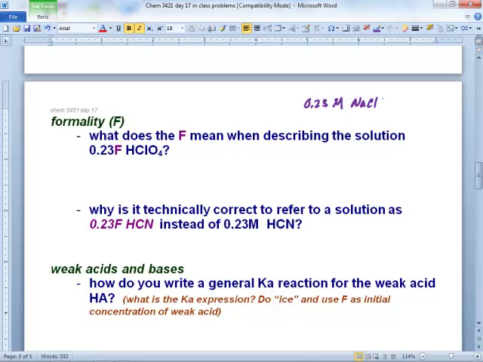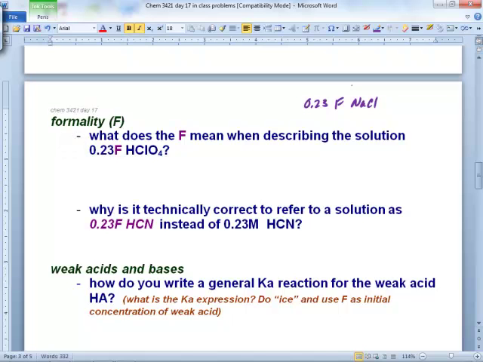That's what it means when you write big M. Well, NaCl doesn't even exist in solution. See what I'm saying? Na plus does and Cl minus does, but NaCl doesn't. So technically, you shouldn't write big M. You should write big F. That's the one. All right?